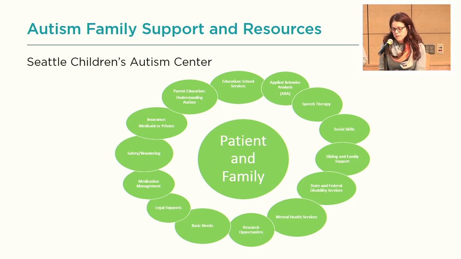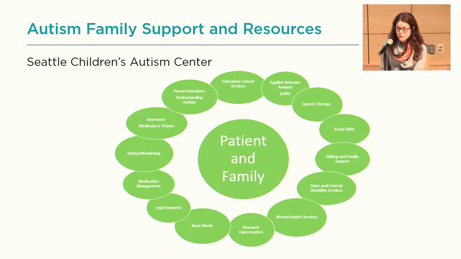So I just briefly talked about the family services team, and we do collaborate with them pretty closely. Here is a list of some of the things they provide support for families with, or have on our website, which we're revamping right now.